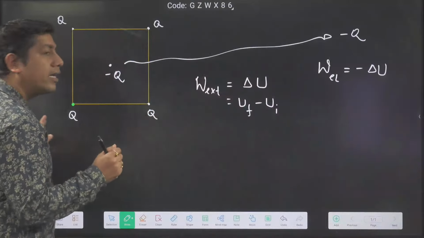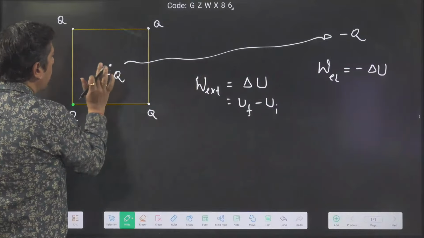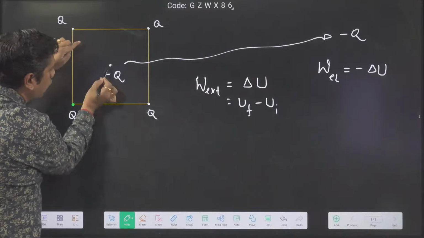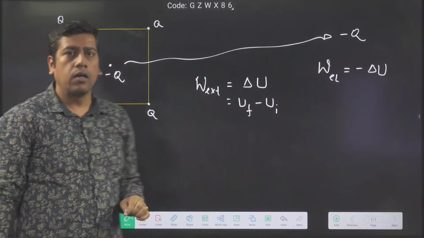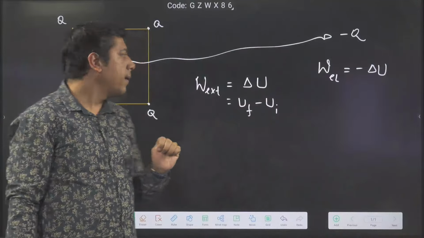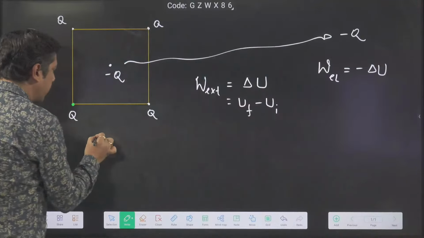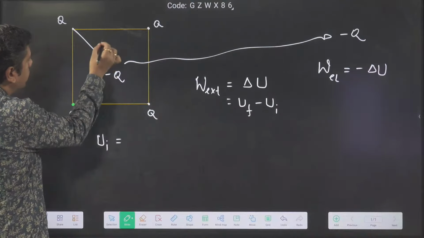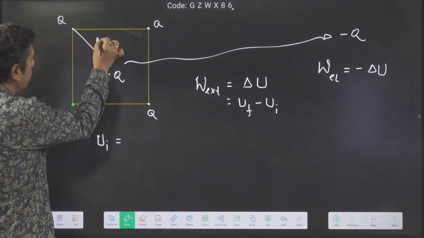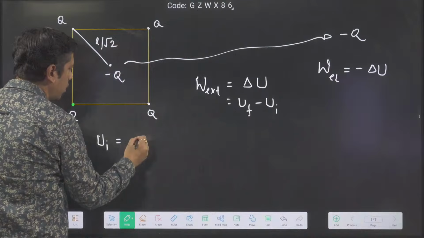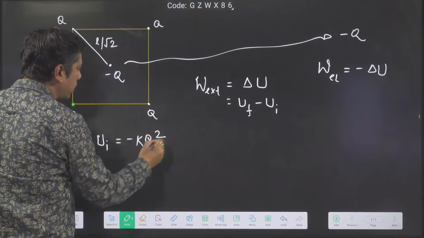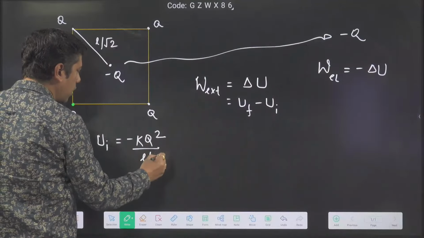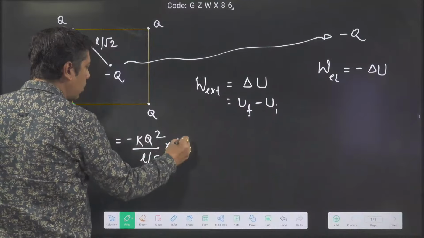Okay? Understand the theory here? We will only consider the interaction between Q and minus Q, four such interactions, due to four charges. So what is the potential energy? Initial we will write. If you look at this distance, it is minus kq square divided by L by root 2, into 4.